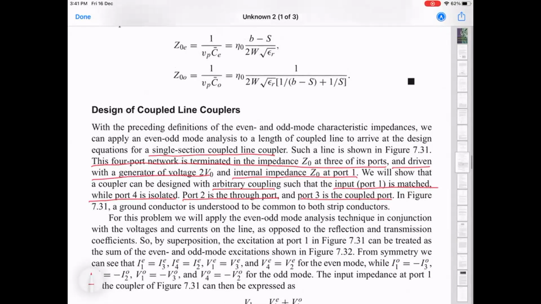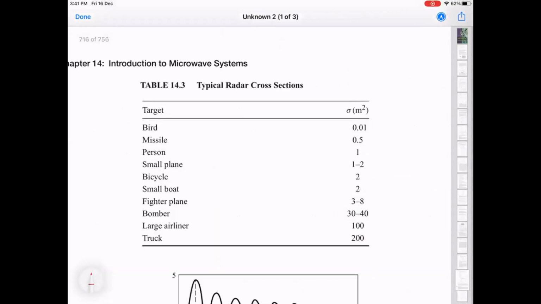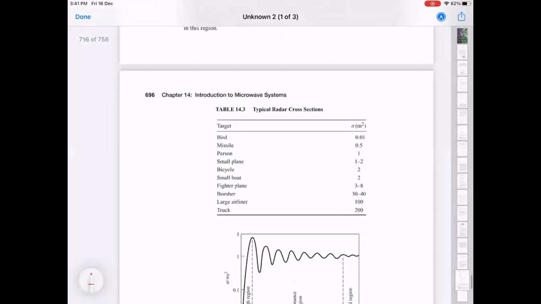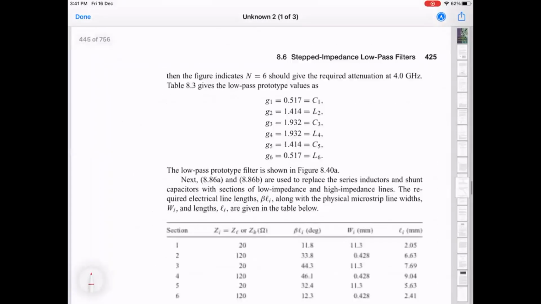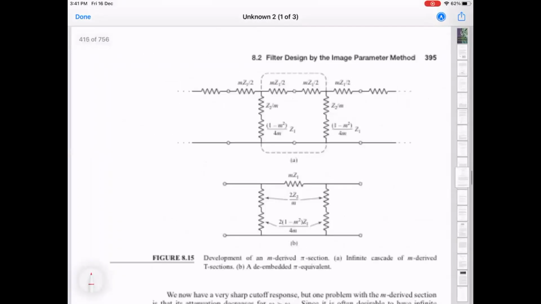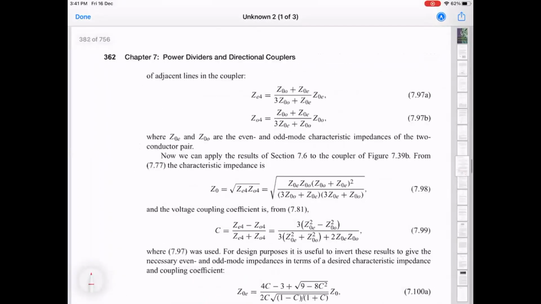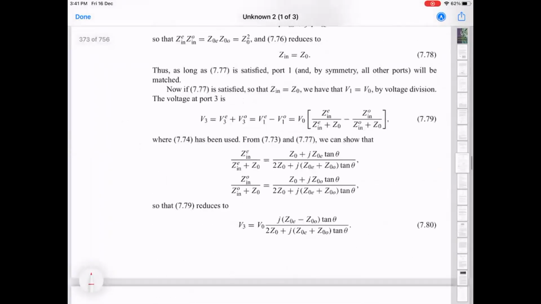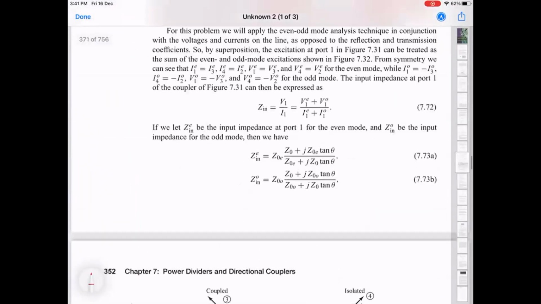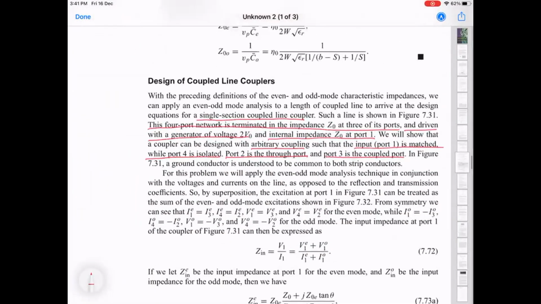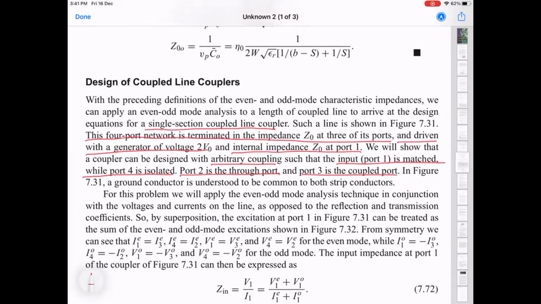Because remember that you have these two transmission lines, and each, so that means you have 4 ports, right, for a section.